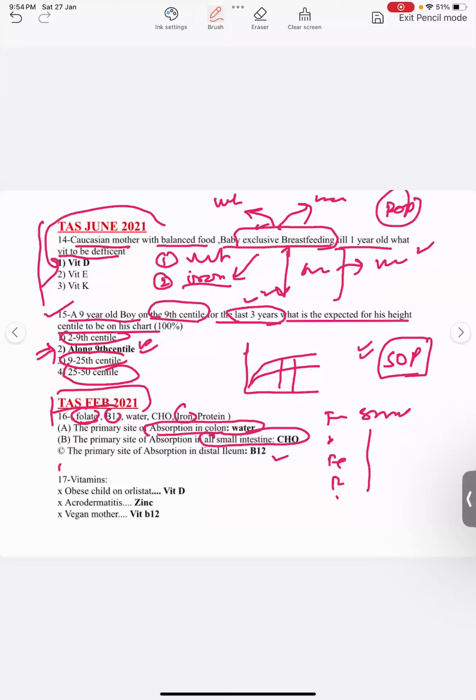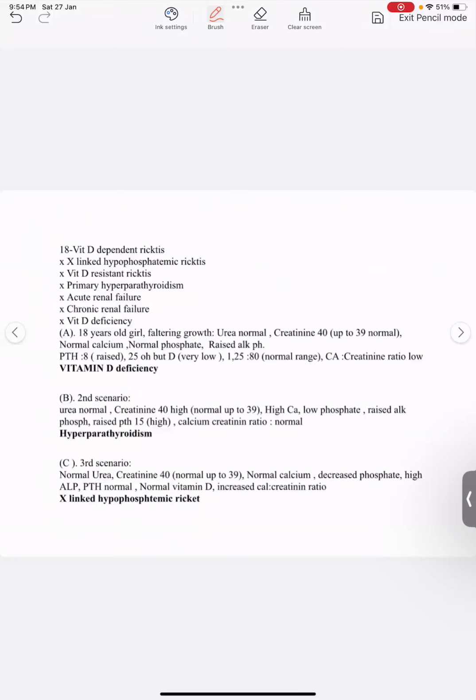Okay. The next question is the repetition of the previous one. Child on the early start, you will give vitamin D supplementation. Acrodermatitis enteropathica is due to zinc deficiency, and Beggens, that is vitamin B12 deficiency. Again the repetition of the same question: vitamin D deficiency with 25 hydroxy vitamin D very low, leading to increased PTH and raised alkaline phosphatase.